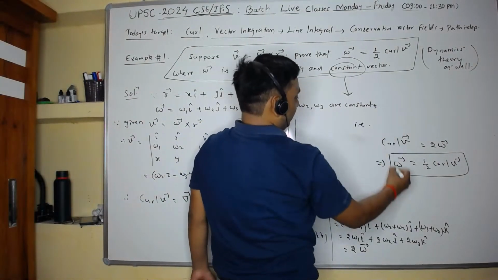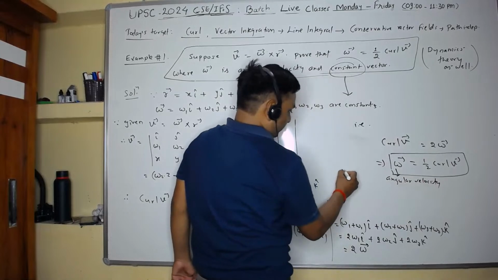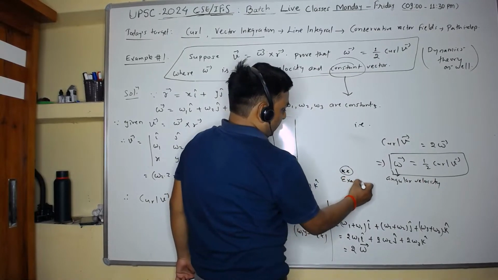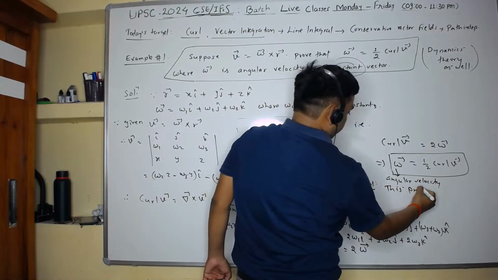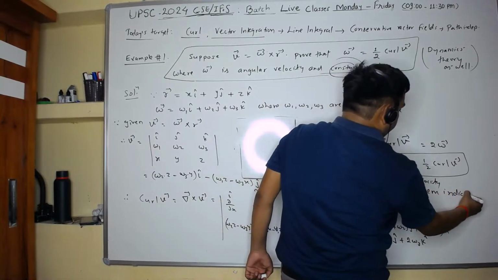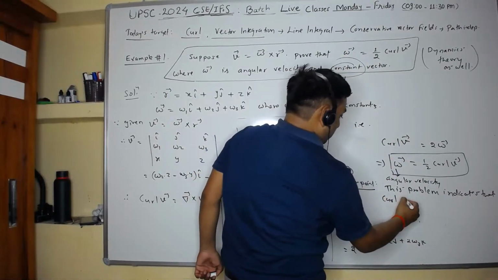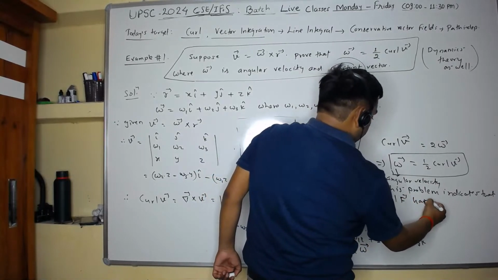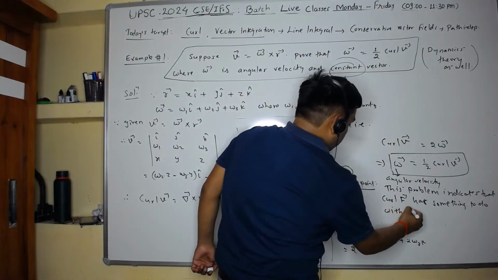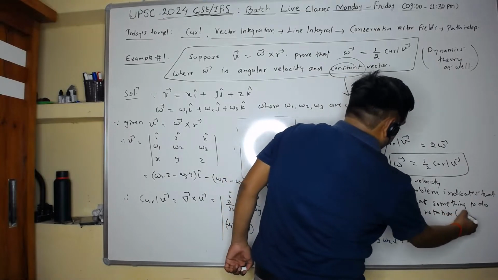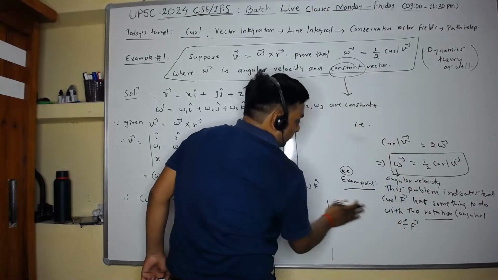Can you observe one thing here? Omega is the angular velocity. Write it down here with a star mark, and you can treat it as an exam point as well. This problem indicates that curl of f vector has something to do with the rotation of f vector.